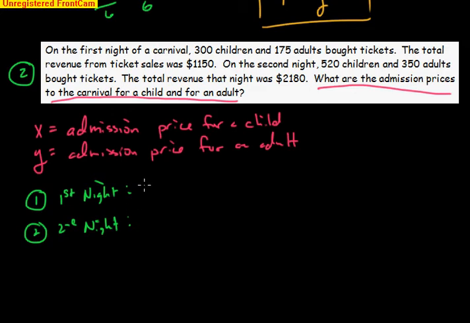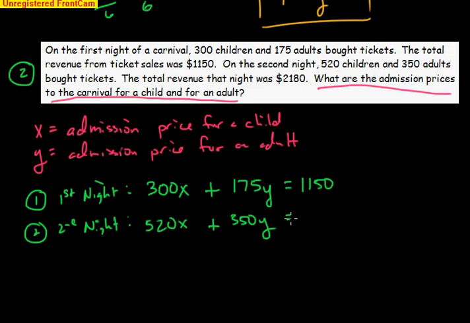So 300 children came, each of them paid x for their ticket. 175 adults came, each of them paid y for their ticket, and total they made $11.50. Now the other one, the second night, 520 children came, so 520x. 350 adults came, 350y, and that revenue was $21.80. And here are our two equations.